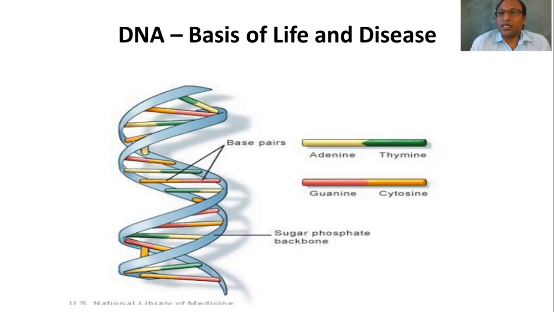We know that DNA has many codes in the form of letters: adenine, guanine, cytosine, and thymine, which are bound by hydrogen bonds. Adenine pairs with thymine and guanine pairs with cytosine. The hydrogen bond between adenine and thymine is a double bond, and between guanine and cytosine it is a triple bond.